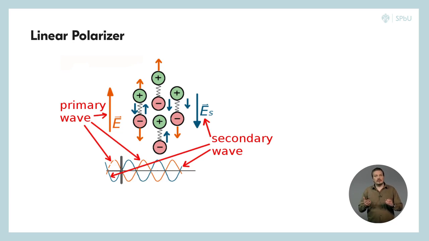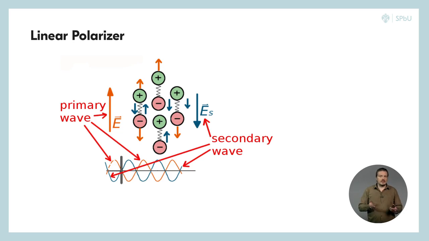This secondary wave goes in both directions. First, in the same direction as the primary wave, where both waves interfere to nothing on the other side of the crystal. And second, in the opposite direction, to that side of the crystal where the primary wave came from. This secondary wave, going in the opposite direction, is perceived by us as a reflected wave.